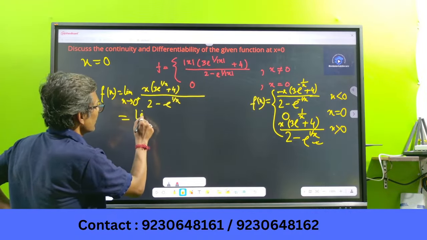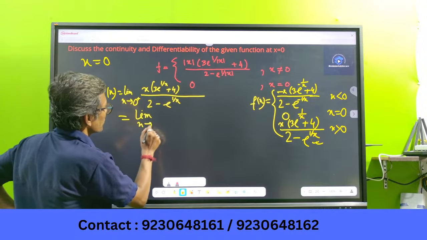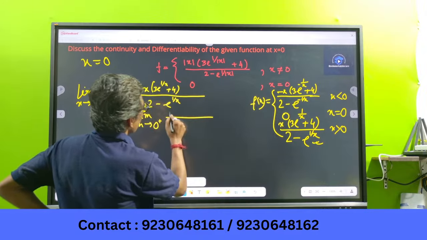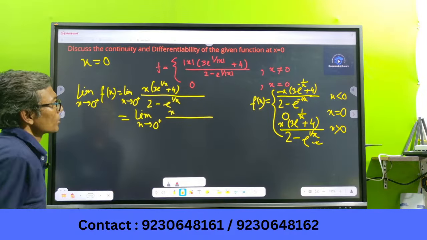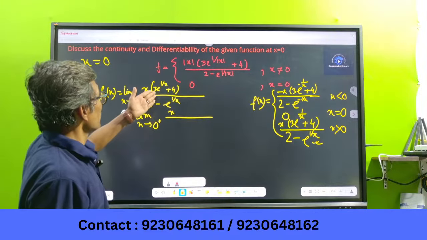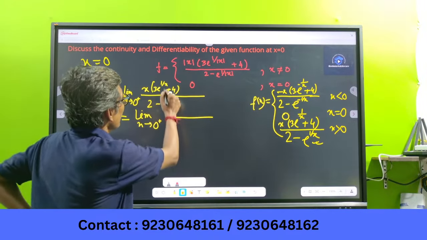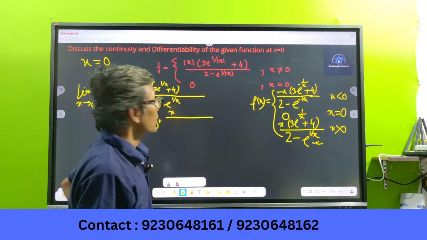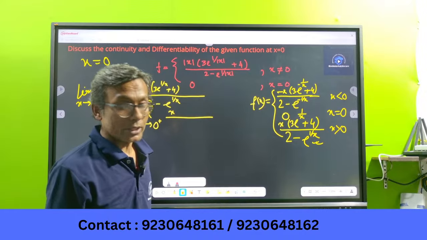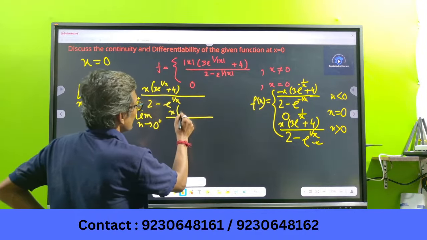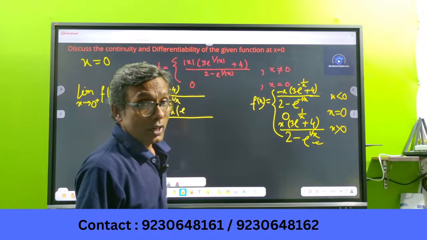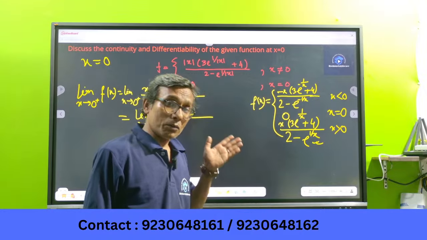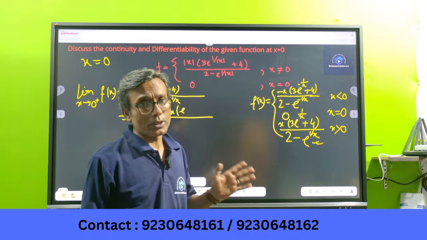So limit x tends to 0 plus, x into, from numerator and denominator, e to the power 1 by x is divided from numerator and denominator. So for that we have to multiply e to the power minus 1 by x to the numerator and to the denominator.